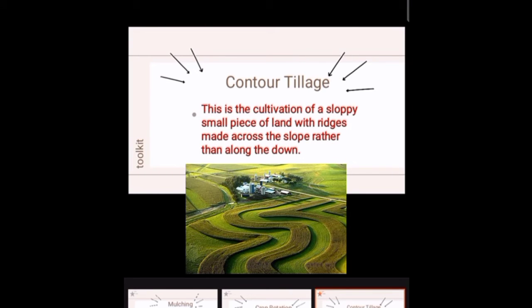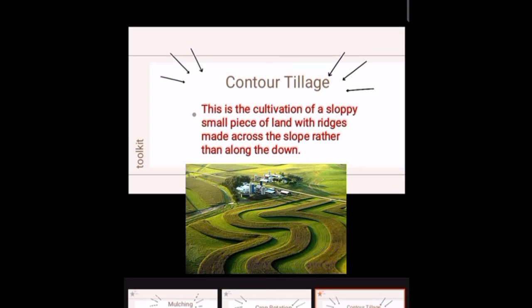Now we have the next, contour tillage. Contour tillage is the cultivation of a sloping piece of land with ridges made across the slope rather than along the slope. Contour farming is adopted on sloping land, and it is mainly done to reduce soil, water, and nutrient loss.